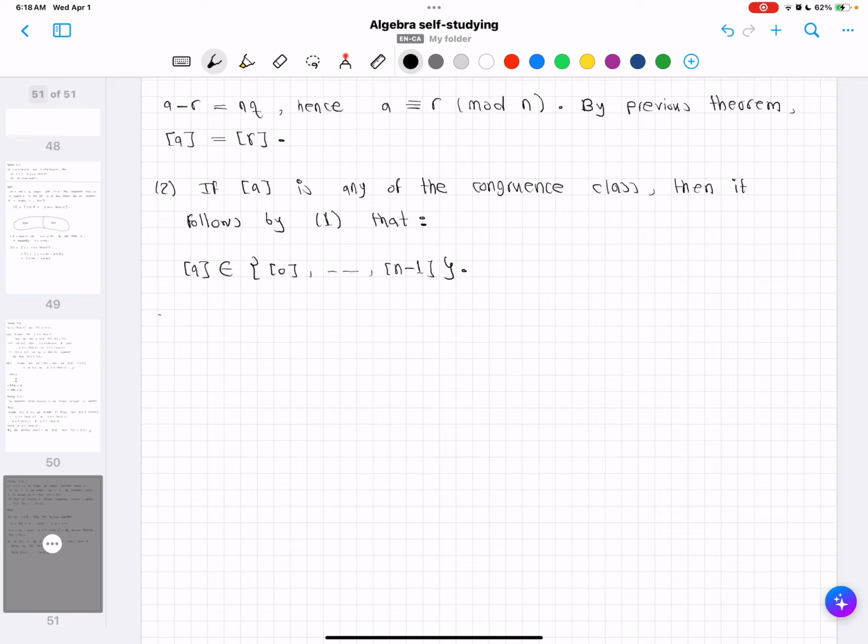So suppose s and t are distinct integers, where s and t are between 0 and n minus 1.